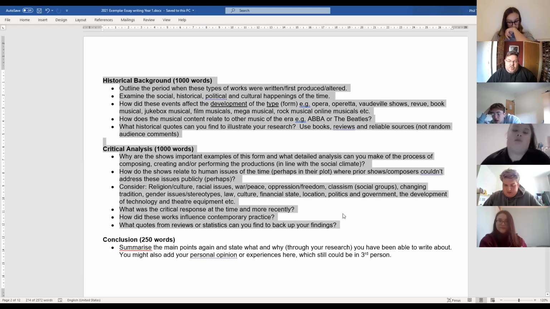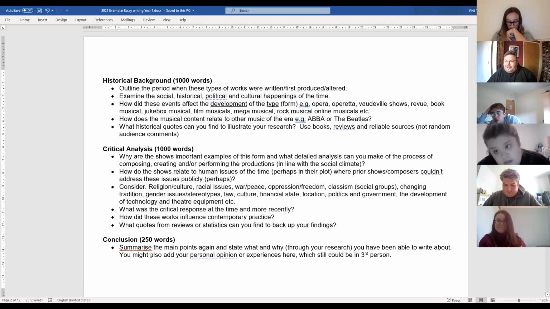What we do need is an introduction and a conclusion and all the other bits, but the middle bit we can work out how it flows best. So this is a suggestion of a template rather than you must follow these exact points. There's also other stuff you might find in your research that I haven't even considered listing, and that will give you extra points if you find something else that's really important.